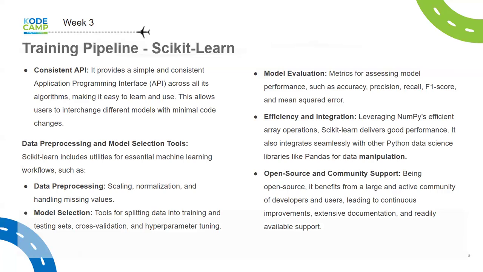So it actually starts from the data preprocessing. And then after the data preprocessing, it goes on to model selection. It goes on to model evaluation, right? Then it goes on to efficiency and integration, right? So these are some of the things that sklearn will allow you to do.